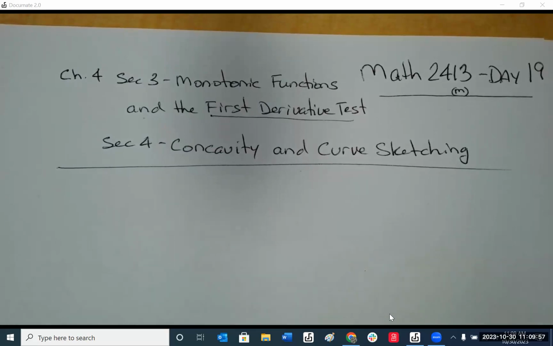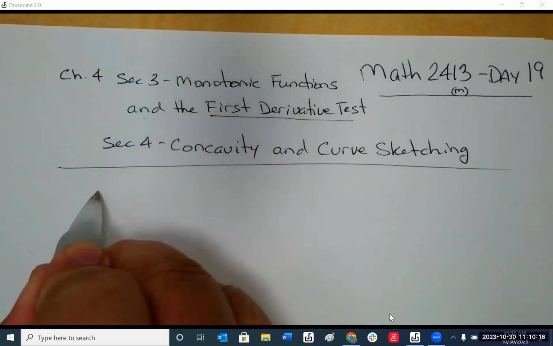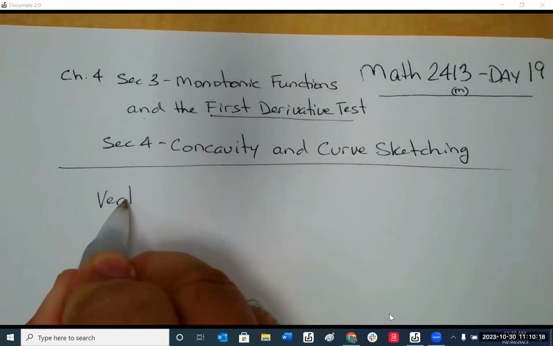we know by looking at the function what it looks like by just algebraic observation. What else do we need to know? We learned how to find the vertex. So how do we find the vertex?